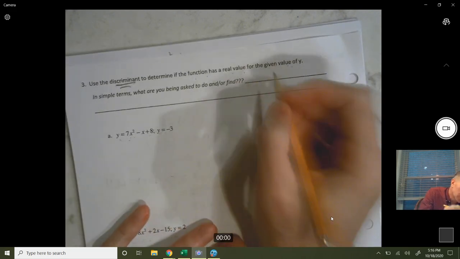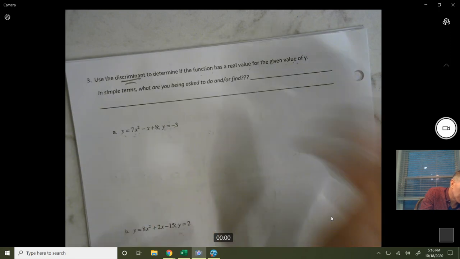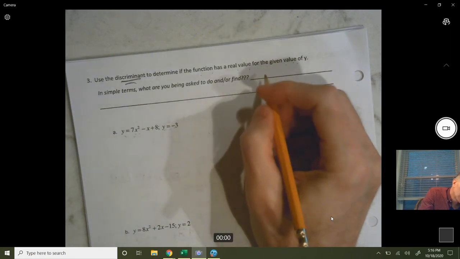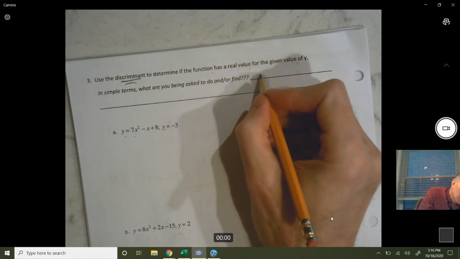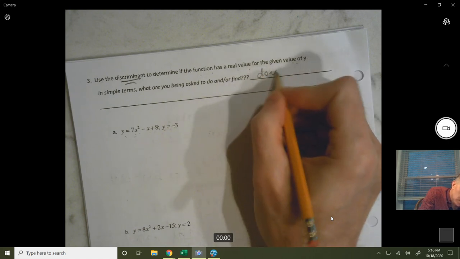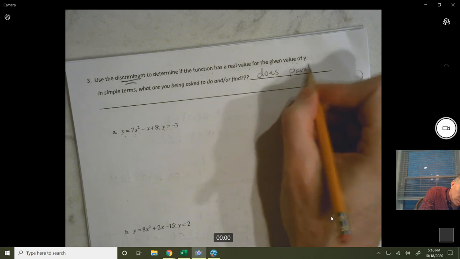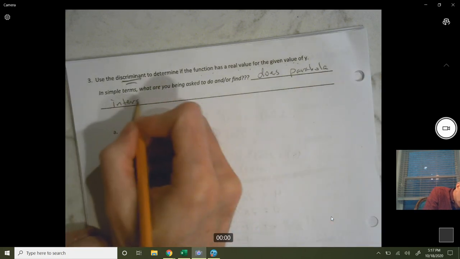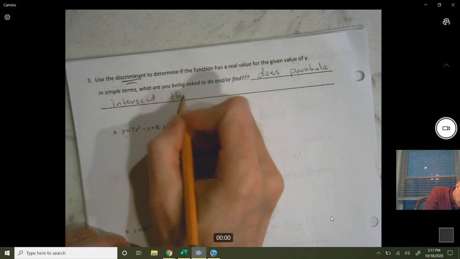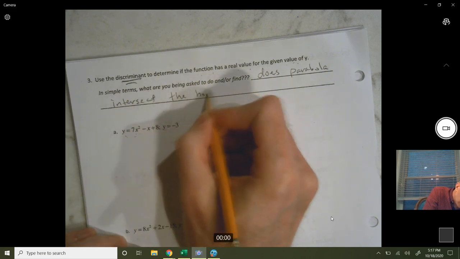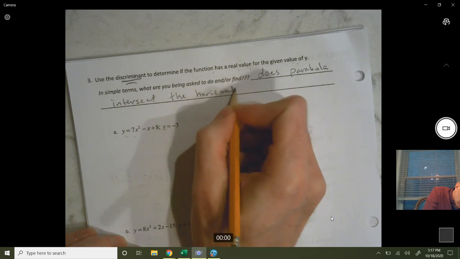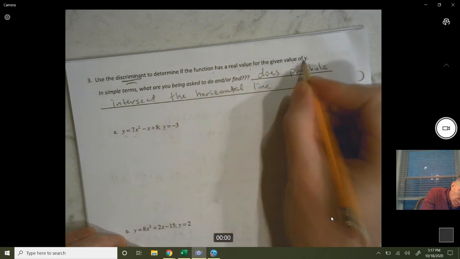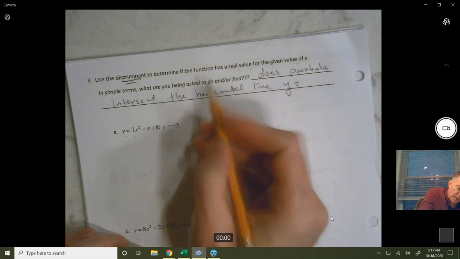You're being asked to use the discriminant to determine, does the parabola intersect the horizontal line given by y equals whatever that value of y is.